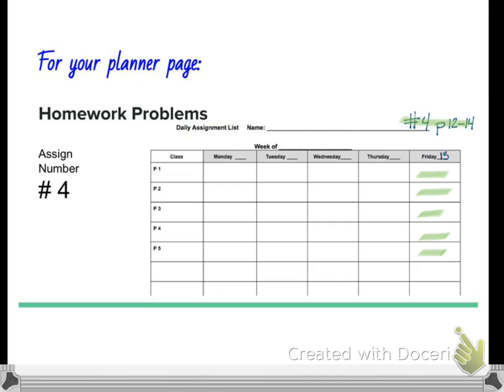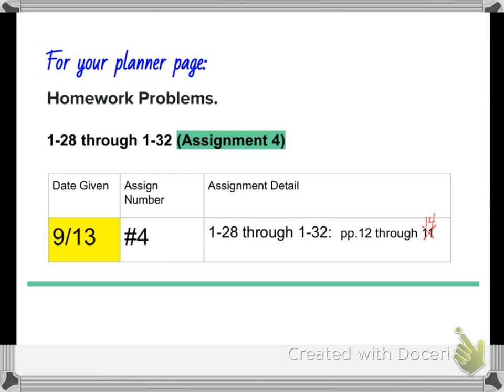Once you have written this in your planner page, set your planner page to the side and take out your blue homework packet. On your blue homework packet, you need to update the cover page and write down the fact that on 9/13 you are being assigned assignment number 4.